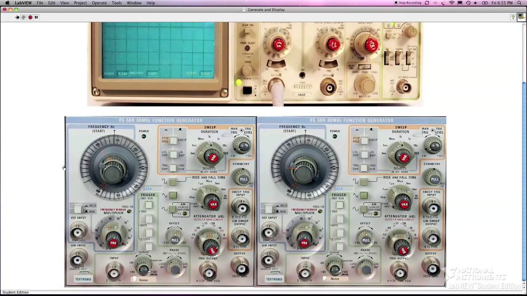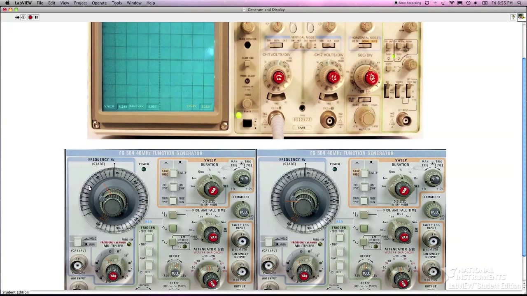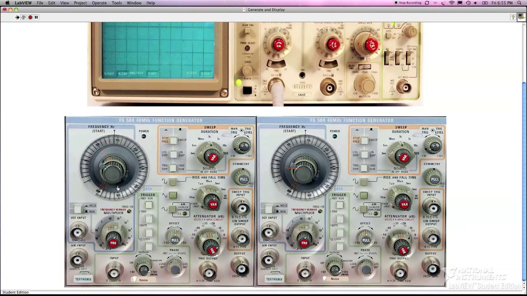Down here, I just took a photo of an old function generator, duplicated it, so now I have two function generators here, and overlaid the knobs with LabVIEW knobs, transparent. So here you have your frequency area of the function generator, and this is for your fine-tuning frequency.